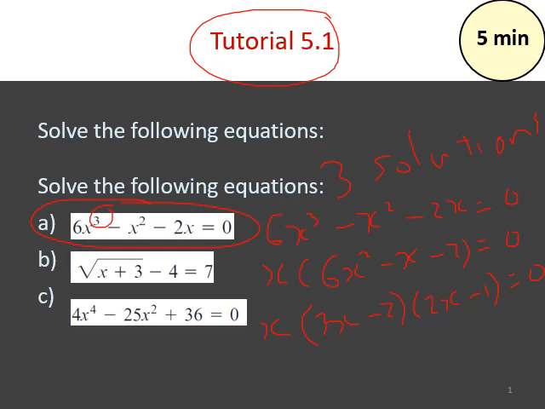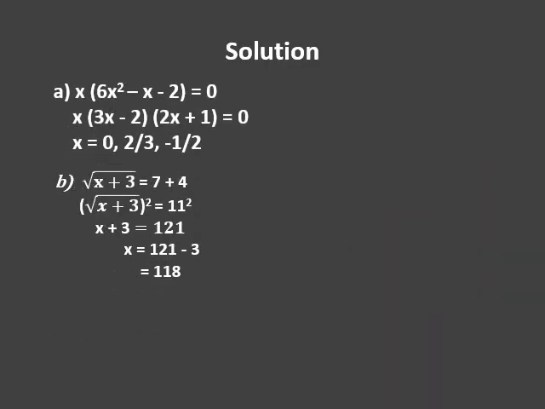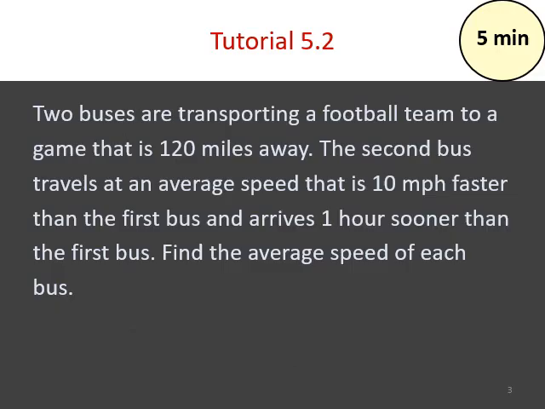Later on, we can have the answer x equals 0, x equals 2 over 3, and x equals negative 1 over 2. Here, we have 3 solutions. If you want to check for question A, B, and C, you can find the slide here.